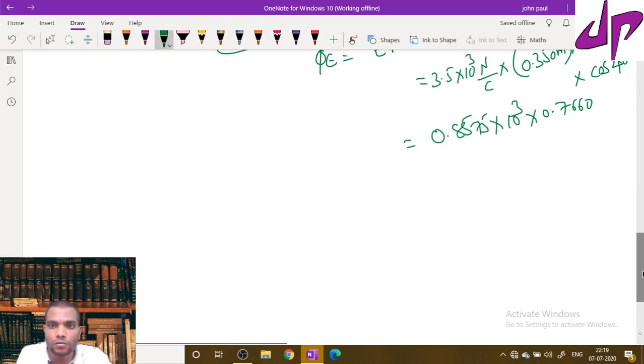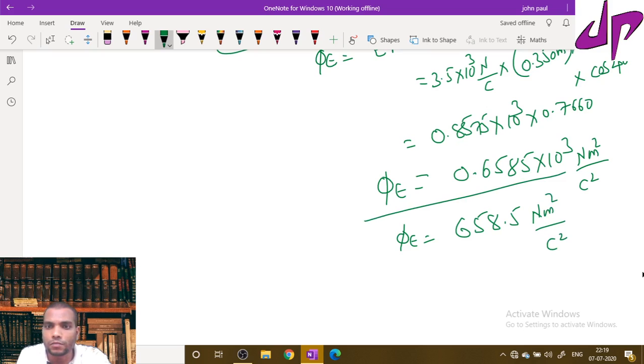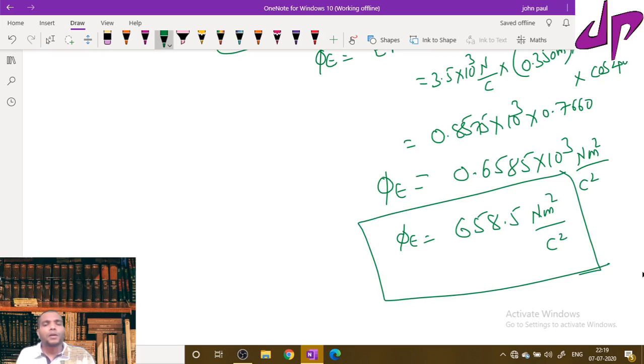So I will write that value as 0.6585 times 10 power 3 Newton meter square per coulomb. So flux phi E, by multiplying 10 power 3, we get 658.5 Newton meter square per coulomb. So this is the amount of flux which is passing through the plane at the angle of 40 degrees.